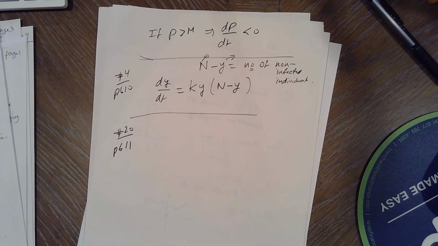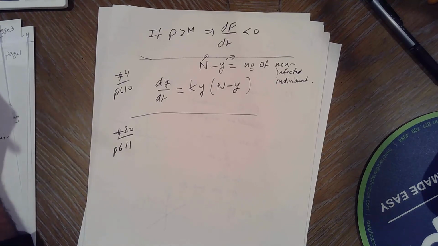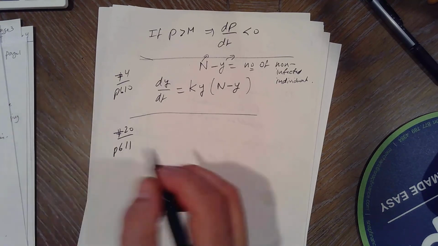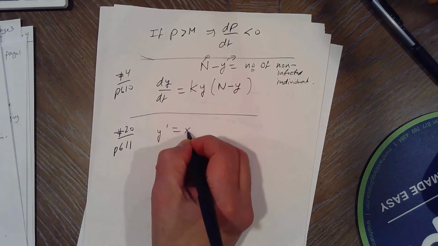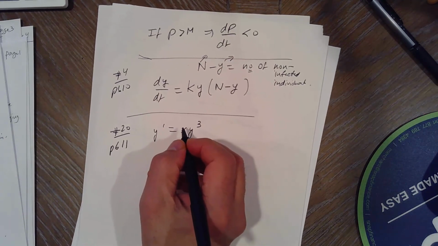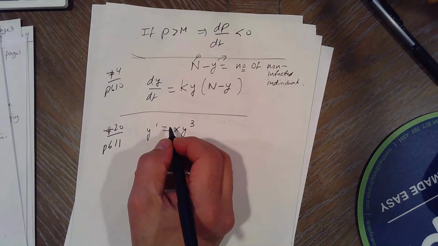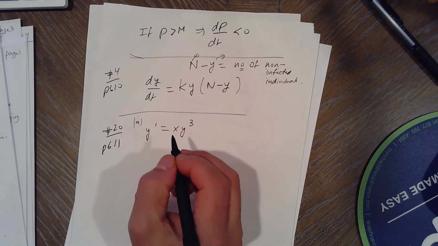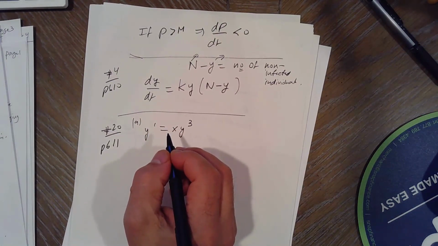Number 20, page 611. What can you say about the graph of a solution of the equation y prime equals xy cubed, when x is close to 0, so this is part A, and when x is large?